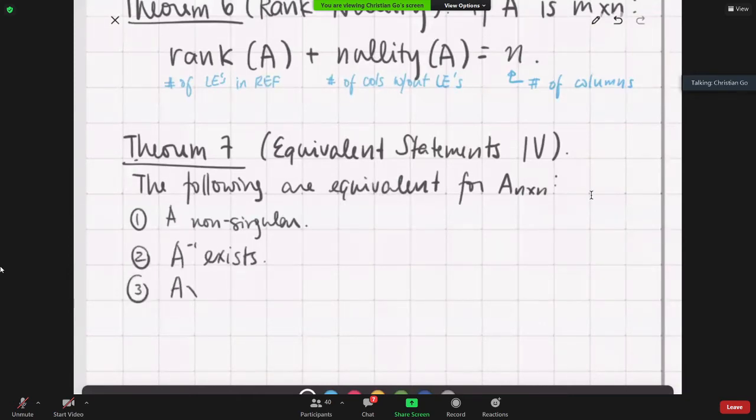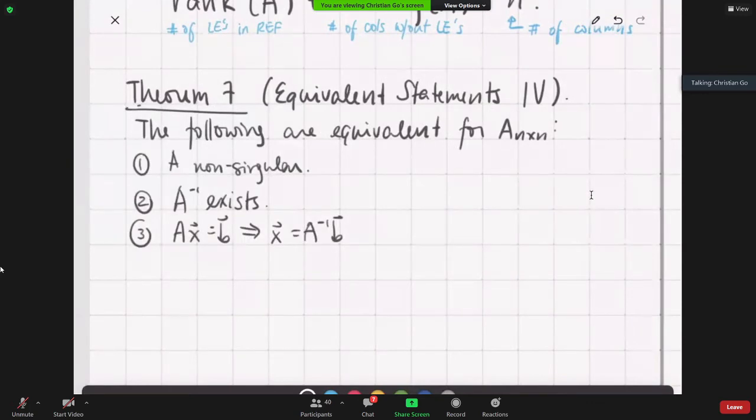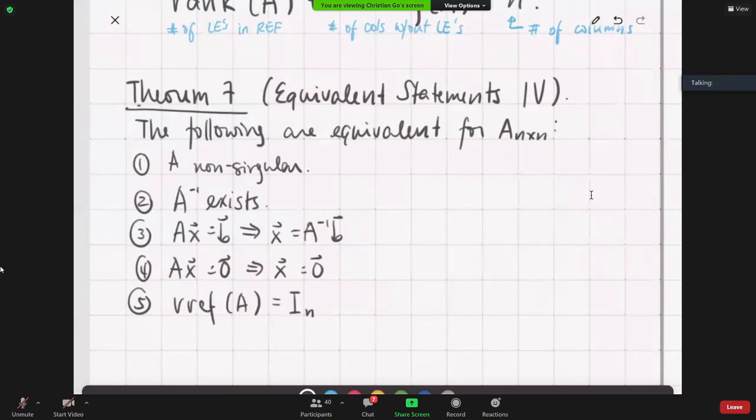That means if I solve AX equals B, it has a unique solution given by A inverse B, no matter what B is. In the special case where B is a zero vector, I only have the trivial solution, which means if I row reduce A to its reduced row echelon form, I have the identity matrix, which means A is a product of elementary matrices.